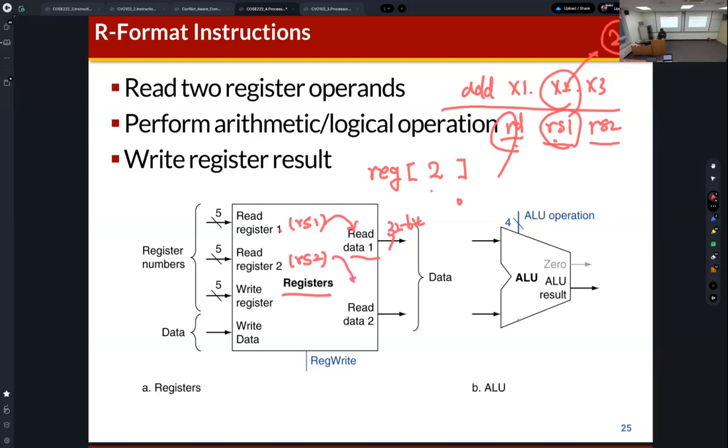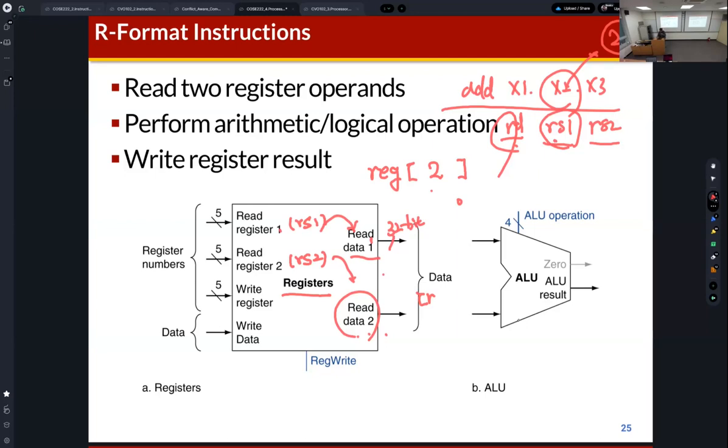Also, read data 2 is the read data for RS2. Okay. So we can read data from register file like this. So register number is given and the corresponding data is read out from the read data 1 and read data 2 port. It's very similar to the memory, right? But instead of address, we use the register number.